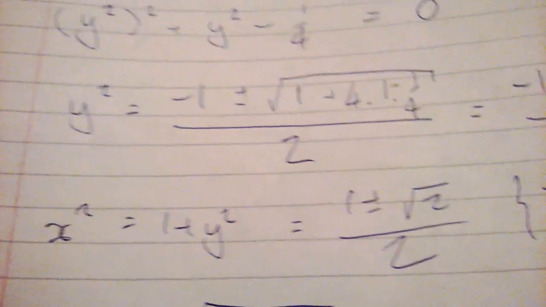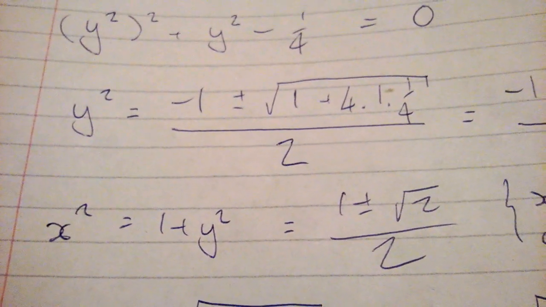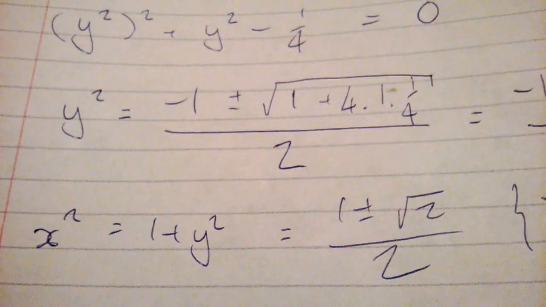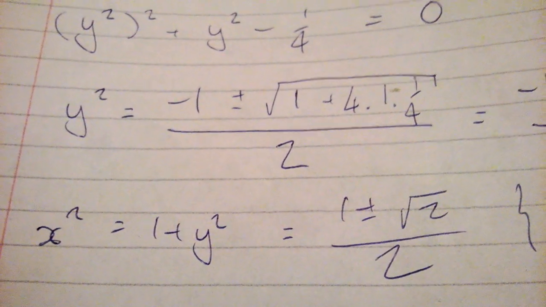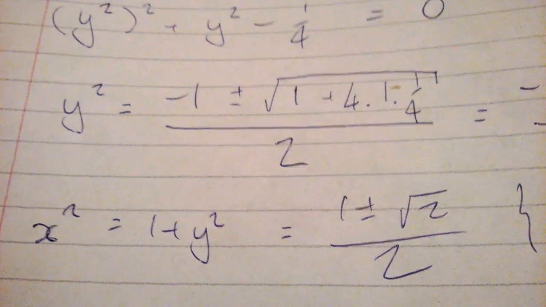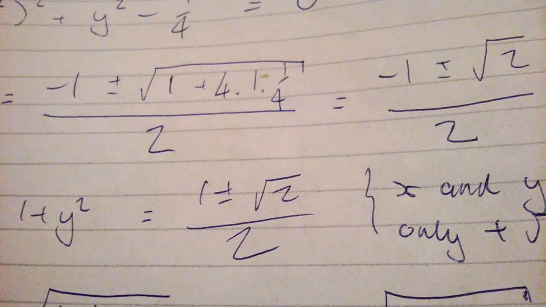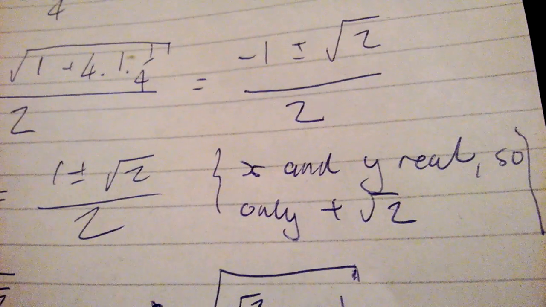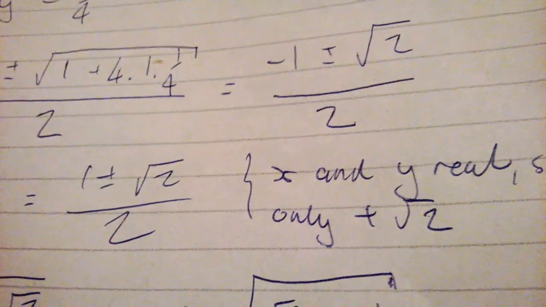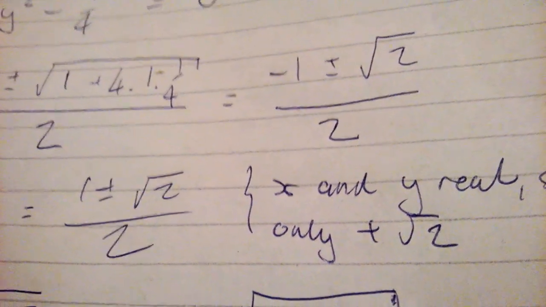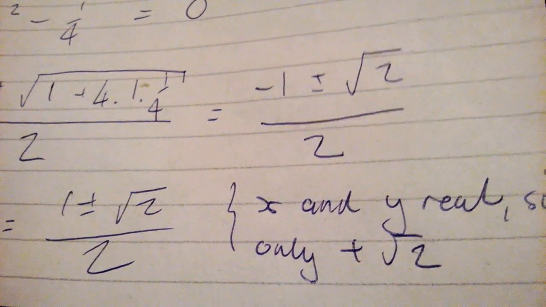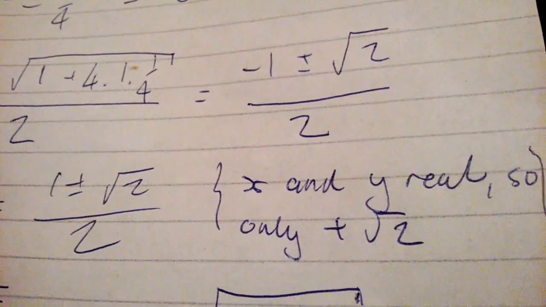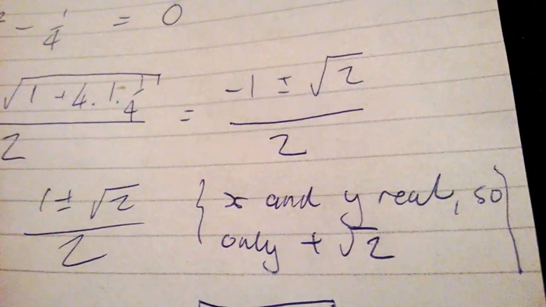Because x and y are both real numbers, x squared and y squared have both got to be positive. So we can only take the positive root, because if you took the negative square root of 2, you'd end up with x and y being square roots of negative numbers, which we don't want because they're real.